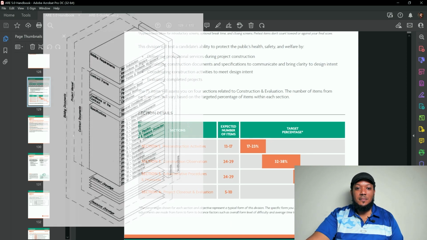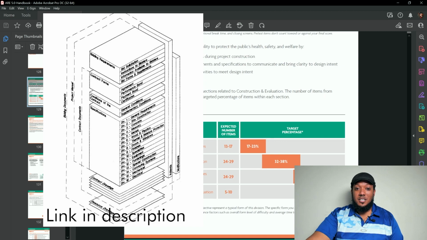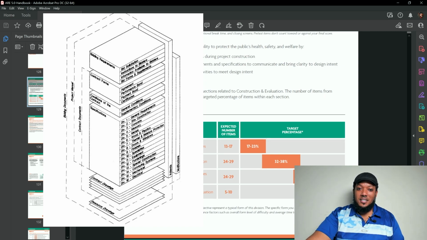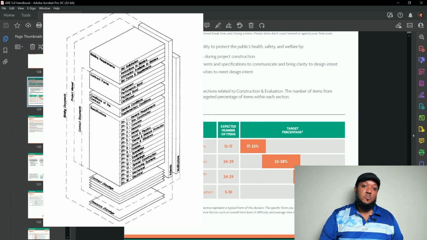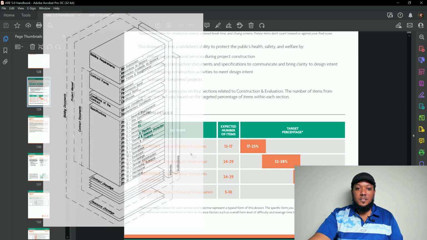The contract documents are pretty much a scope. There's the project drawings, there's the project manual, there's the contract documents, and then there are things that are outside of the contract documents, and it's really important for you to know those things. This is not really exam tested, but essentially those are some of the things you need to know the difference between. And I'll put some links in the description.